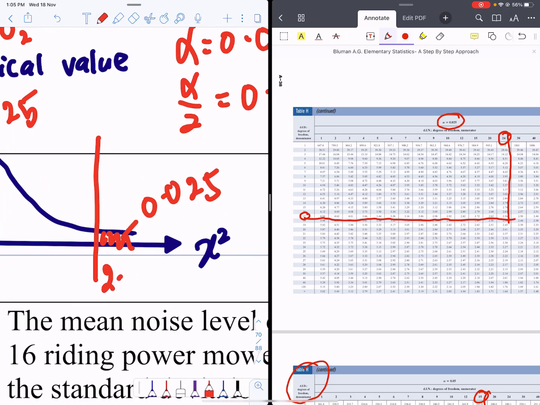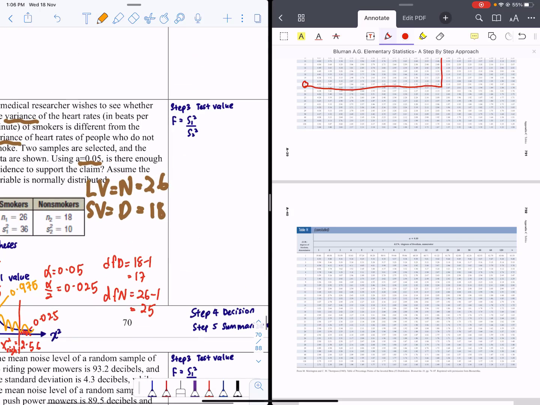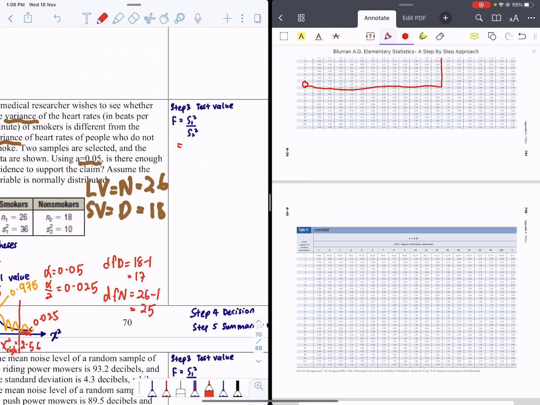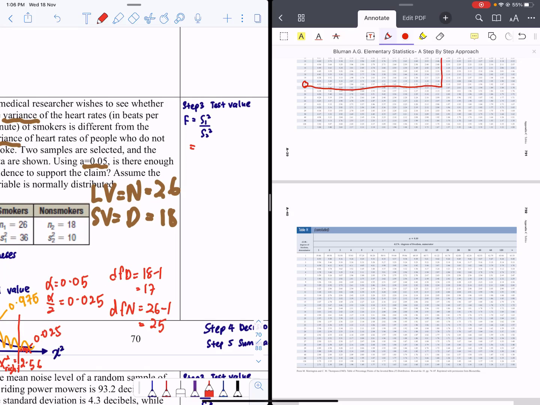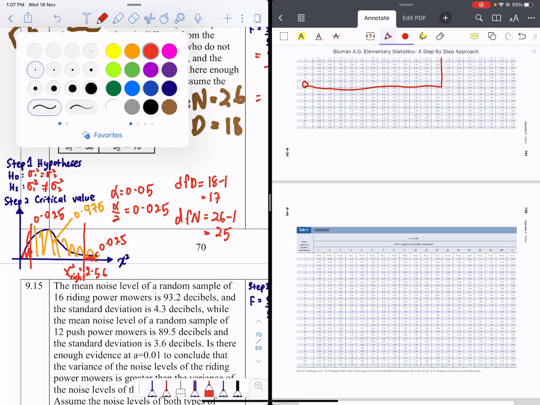Here we have 2.56 for the right critical value. Now we go directly to S1 and S2. Just divide. S1 36 divided by 10 equals 3.6. Where is the location of 3.6?